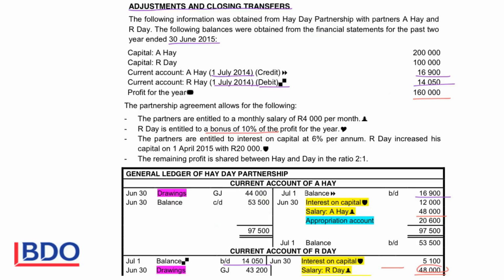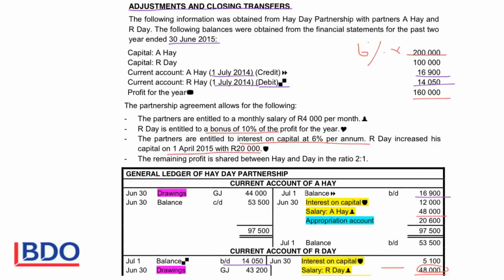According to the partnership agreement, the partners are entitled to interest of 6% per annum on their capital contribution. R. Day increased his capital on the 1st of April 2050 with 20,000 Rand. So the calculation for Hay will be the 200,000 Rand capital, and we will just multiply that with a 6%.